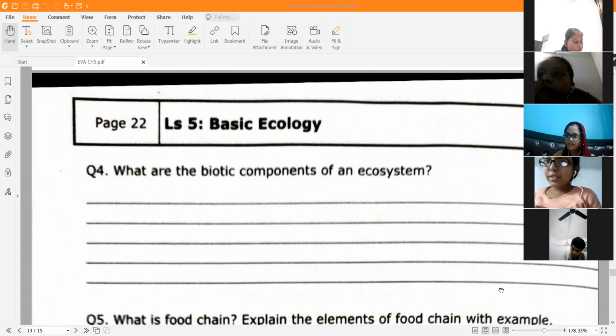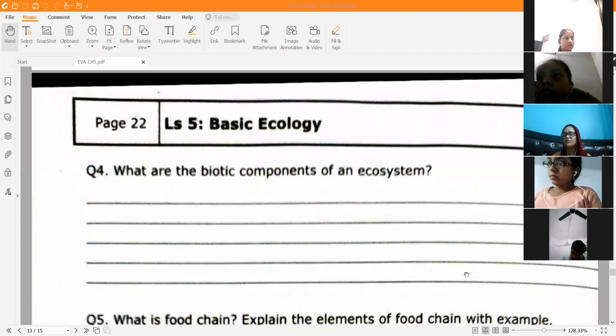Ma'am, what is the question? Explain the elements of food chain with example. The elements of food chain would be primary producers, primary consumers, secondary consumer, tertiary consumer, and then decomposers. So how will you form the answer? Explain the elements of food chain with example.